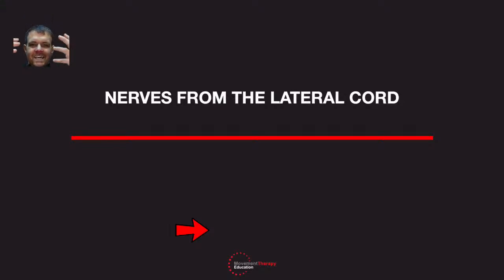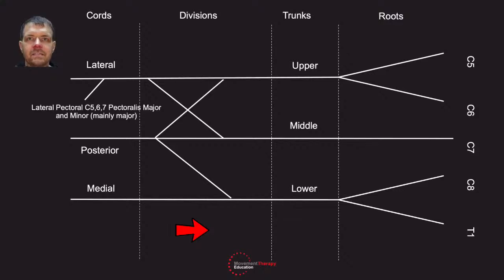You never know. So we've got nerves from the lateral cord now. So we've gone posterior cord, which was ULTRA, medial cord, which was 3M, and now we're onto this lateral cord, the outside cord, and that is this bit up here. Okay. Now, if you have a look, we've got a supply to muscles that we've already got a supply for.